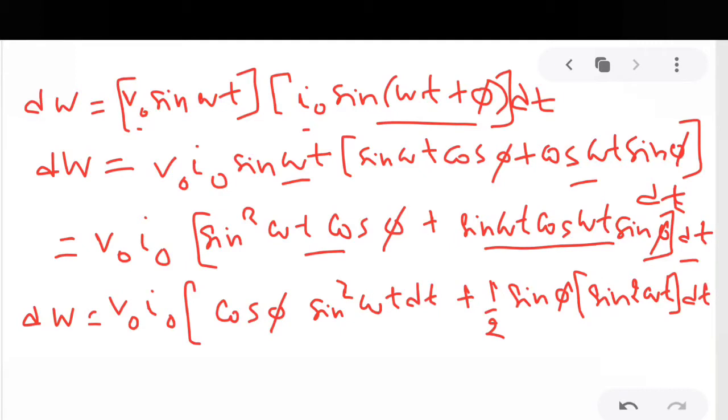This sine omega t cos omega t is written as sine 2 omega t divided by 2, because 2 sine omega t cos omega t is sine 2 omega t.